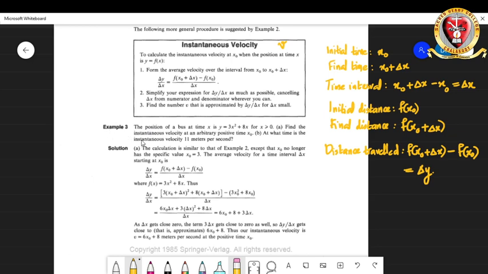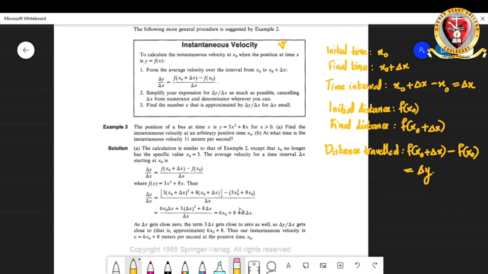To recap, in that example we had the position or distance function y is equal to f of x, which is equal to 3x squared plus 8x. We had to find the instantaneous velocity at an arbitrary positive time x naught, which we found using this pattern of steps, that is delta y by delta x.